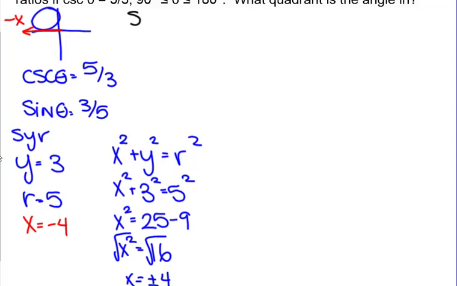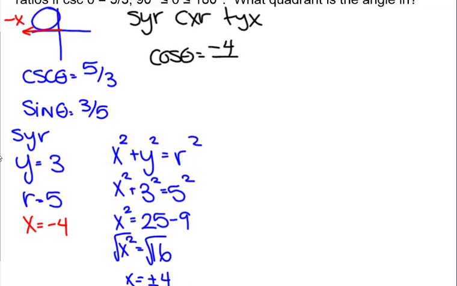So remember, SYR, Sir Kick, Sir Ticks. We have our sine, so our cosine of theta is equal to our x over our r, which then our secant is going to be the reciprocal of that. We have our tangent.